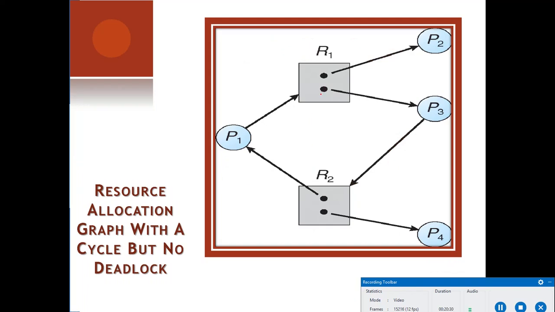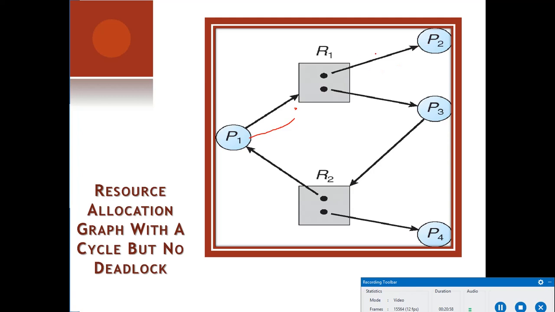We have two resources, R1 and R2. R1 has two instances, R2 has two instances. We have four processes, P1, P2, P3 and P4. Now if you see here, process P1 is holding resource R2 and it is requesting resource R1.